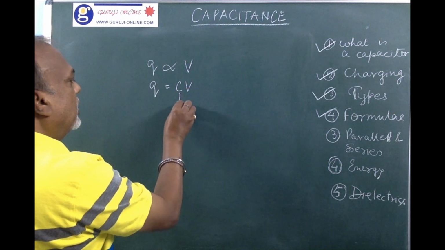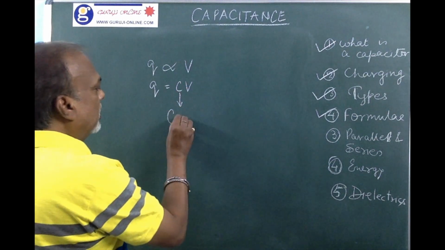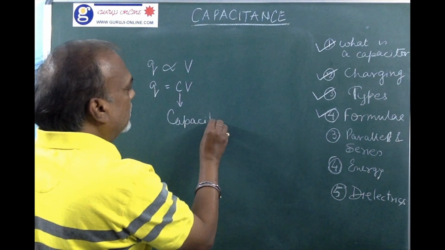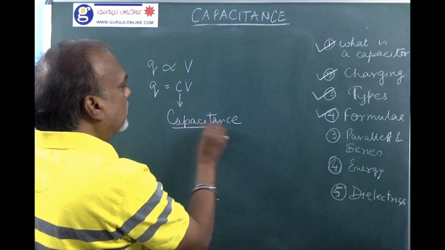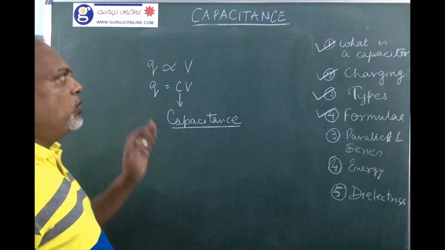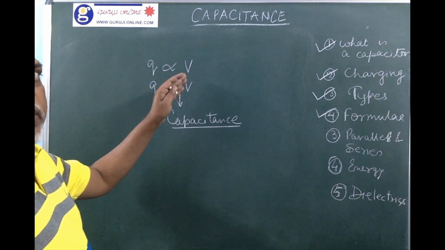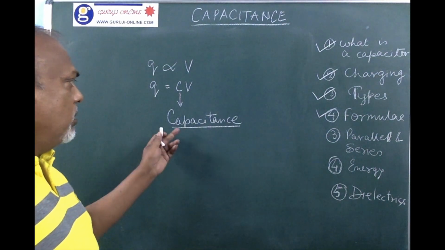What is this C? This is called capacitance. Q charge was accumulated on the plates with the potential difference of V.